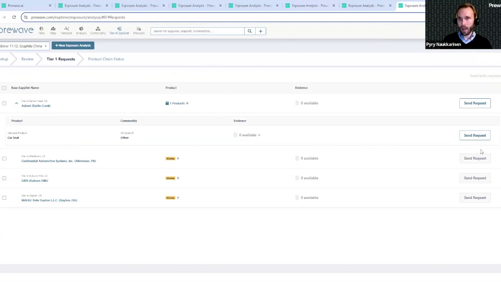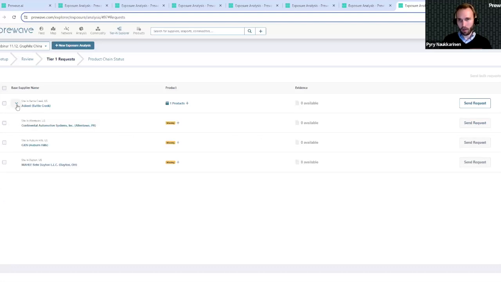I could then send a request to Adient stating that we see in this data that you have a connection to particular companies which we think are at risk for this and that reason. Can you confirm whether the parts that go into my product come from that supplier, or from another supplier? This is the type of mechanism you could use to take this public data to the parts level, to make it really specific for your supply chain and your products.